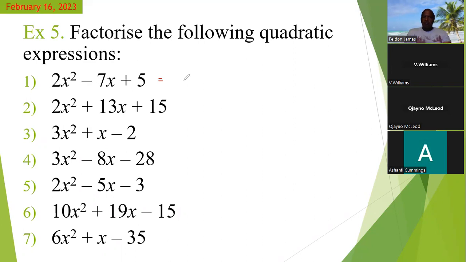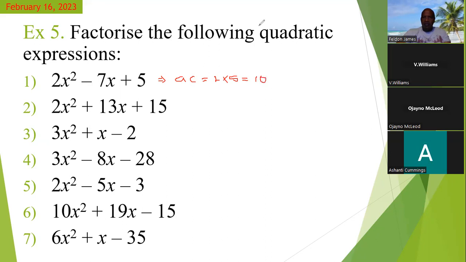Mm-hmm. So first thing you're going to do, you're going to find the AC. The AC is 2 times 5. That would give 10. So AC is 2 times 5, equal to 10. Yeah. All right.